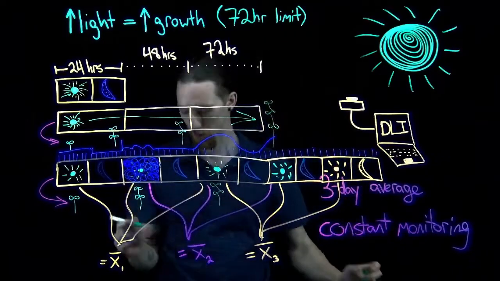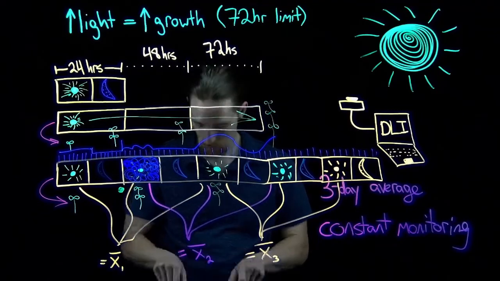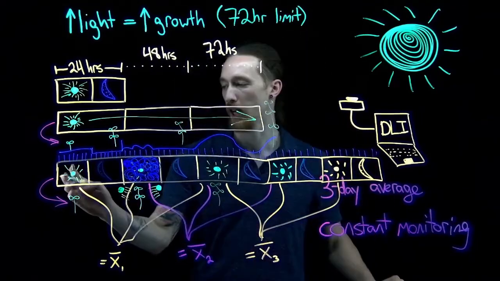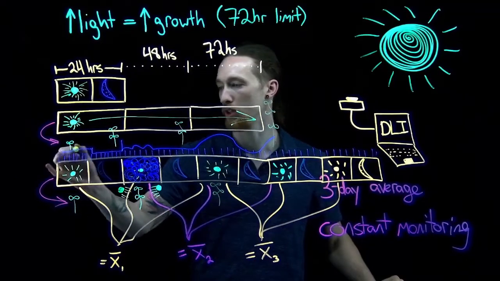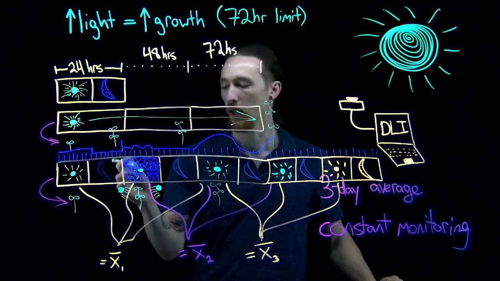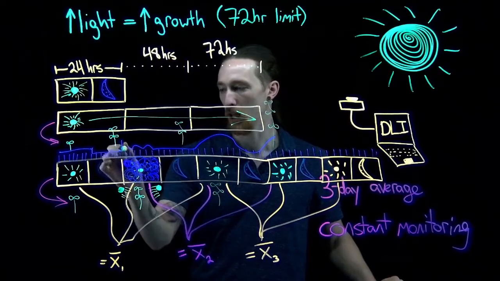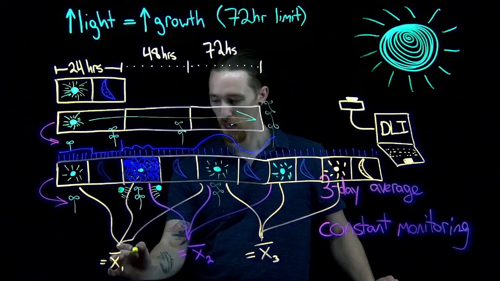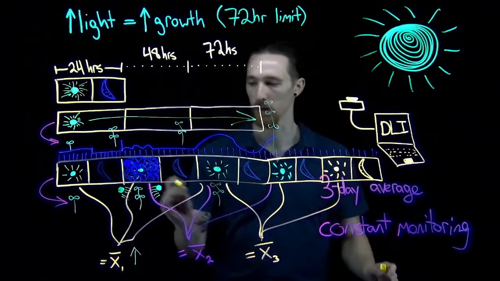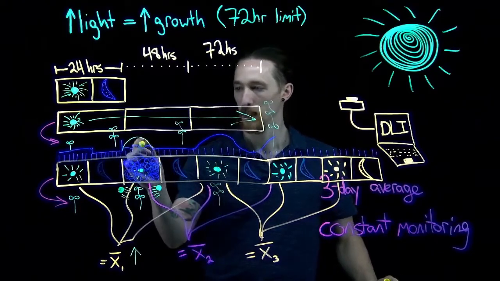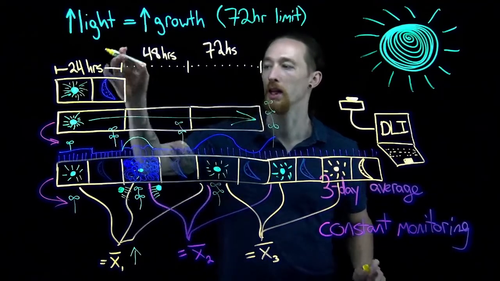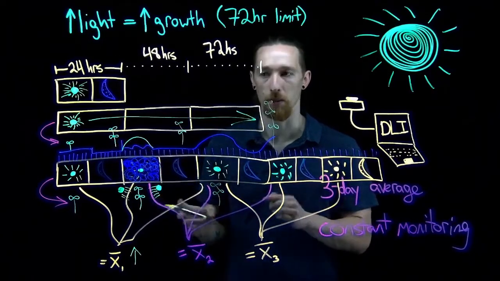This cloudy day, it would trigger lights to come on. And this is the whole point, so that we're not just relying on natural light. When the sun's out and we're getting good light, awesome. When it goes cloudy, we kick on these lights and bump these averages, or this constant monitoring, whichever one, get that to come back up so that we are keeping these plants at maximum production.